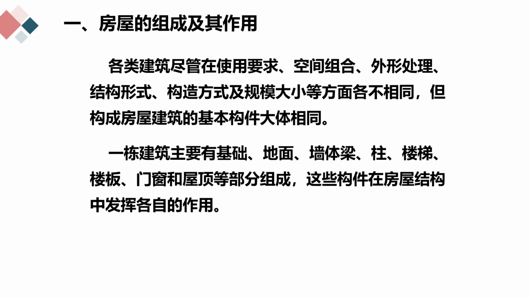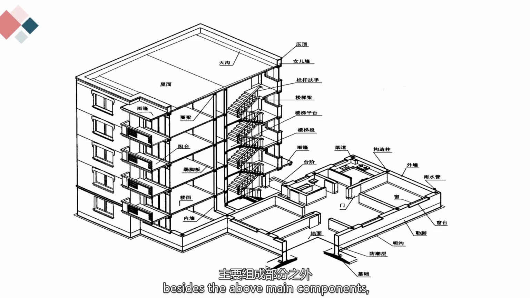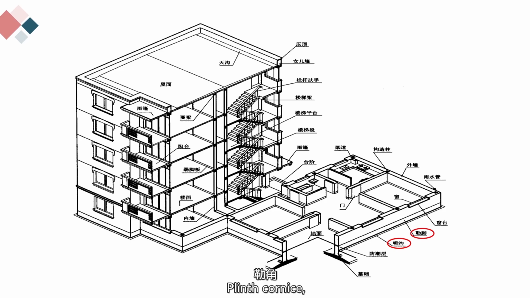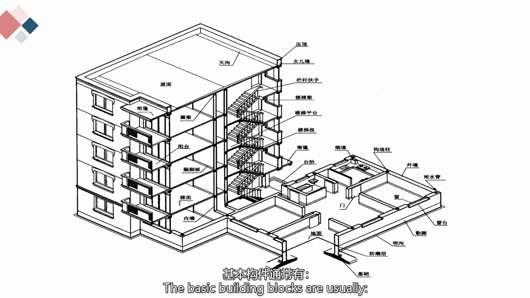A general building, besides the above main components, also contains some other accessories and facilities, such as water or open ditch, plinth, cornice, an awning, the balcony, a rain pipe, air duct, trash can, etc. The basic building blocks are usually: 1.